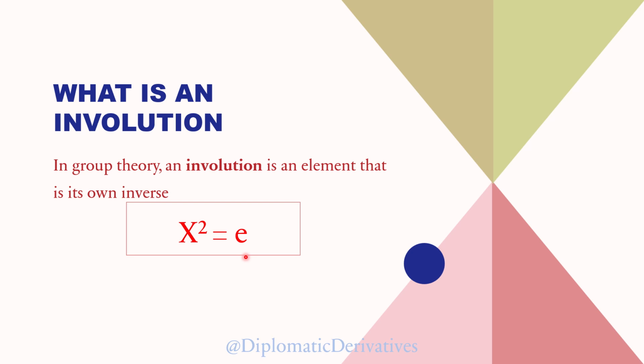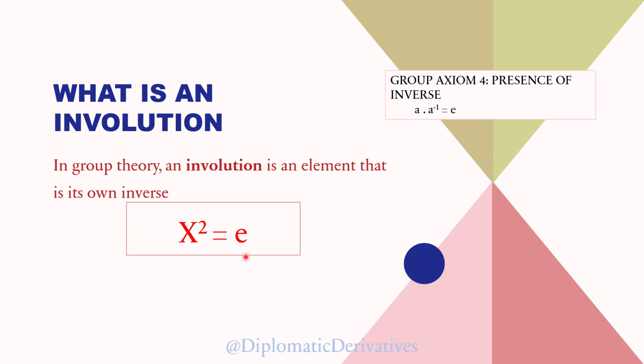So why are we saying that that element is the inverse of itself? Because of the fourth group axiom, which is the presence of an inverse. We have 4 axioms: closure, associativity, identity, and inverse. The fourth one is inverse, and in that we say that A times A inverse is e.